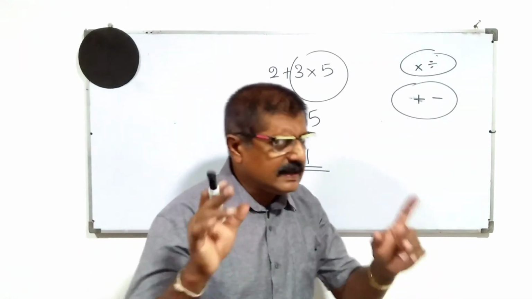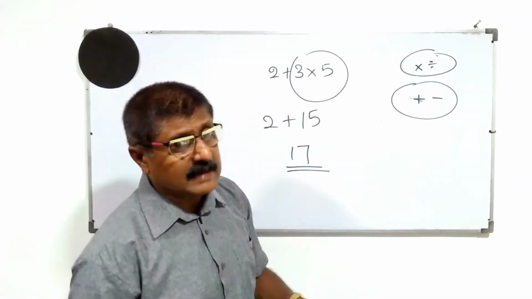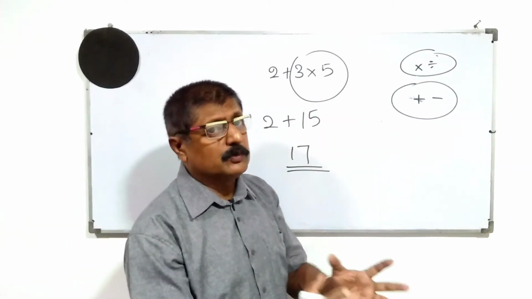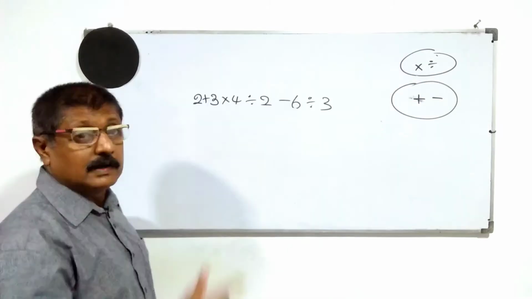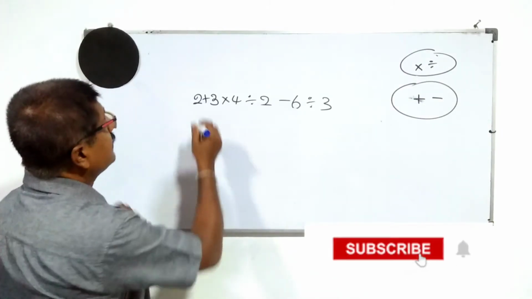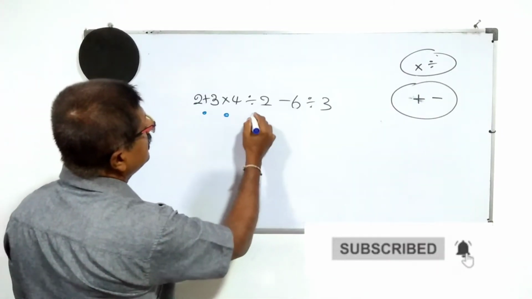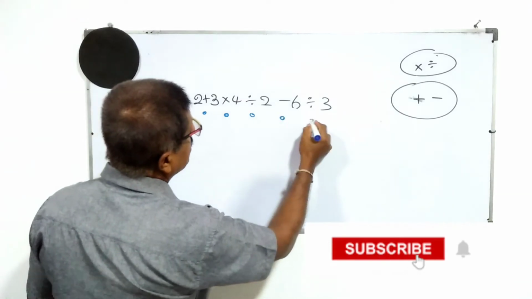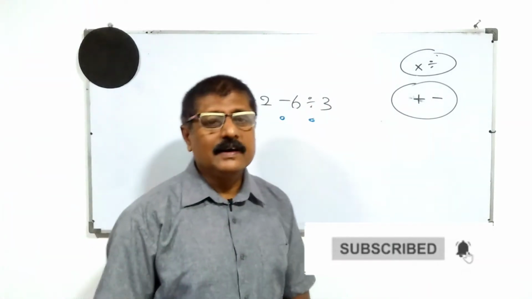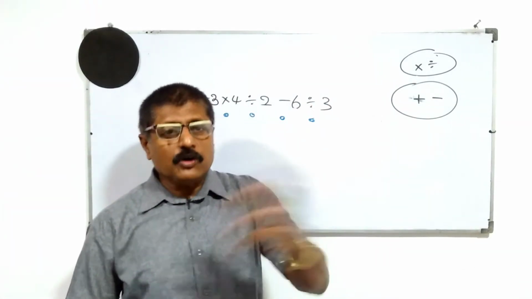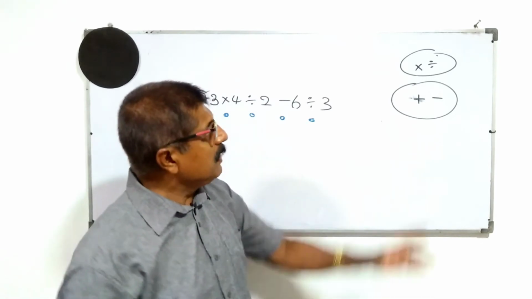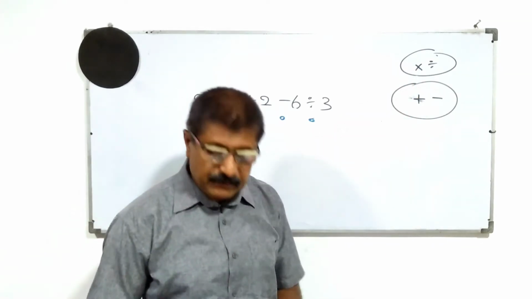Right? Then let's take another example where all these are included several times. Now look at this one. This one has addition, multiplication, division, subtraction, again division, so many. Now let's sort out the ones that belong to the multiplication division family.